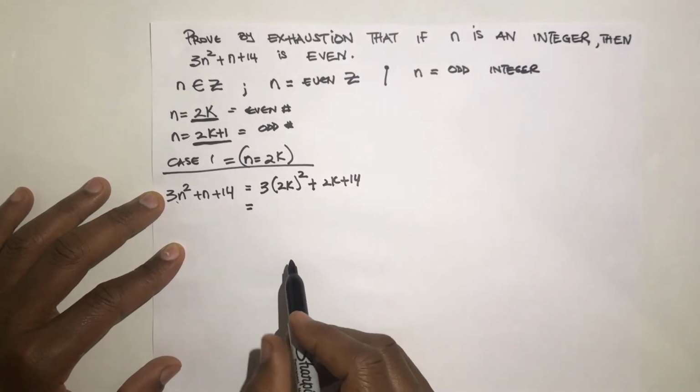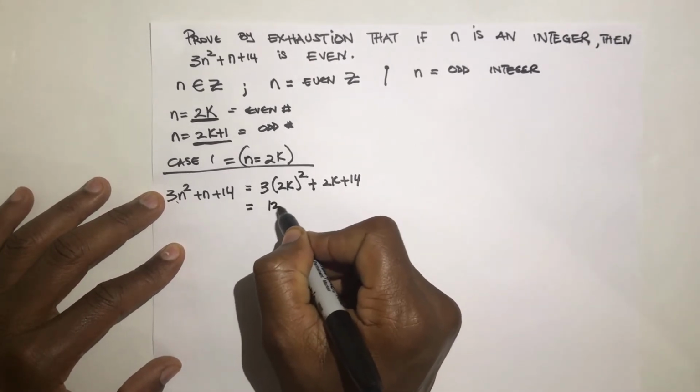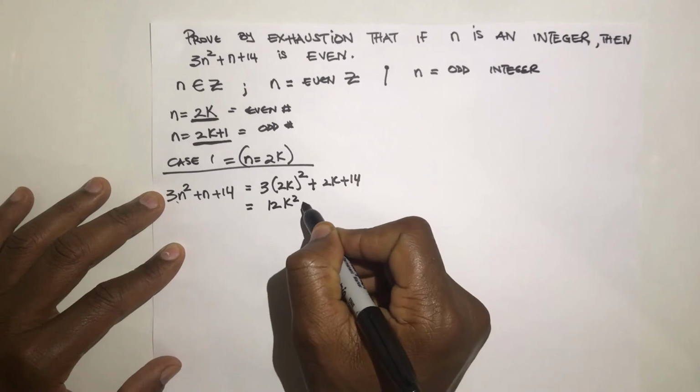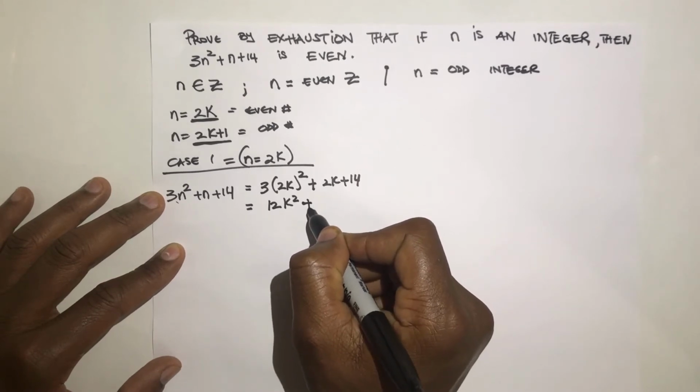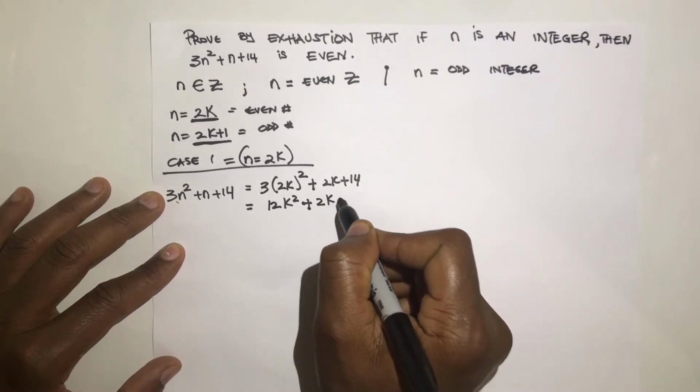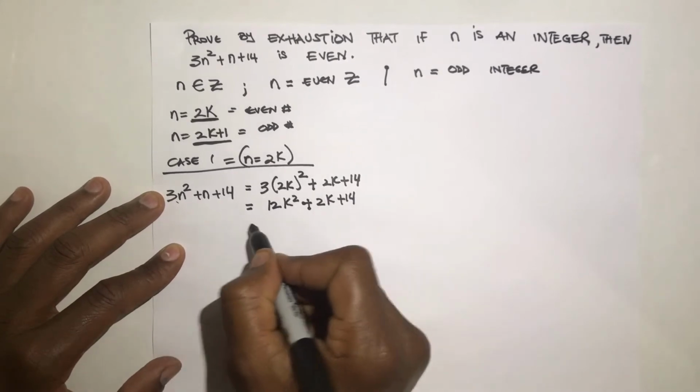And this boils down to basically 12k squared plus 2k plus 14.